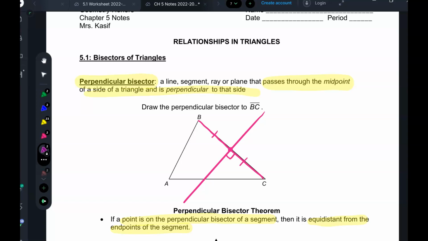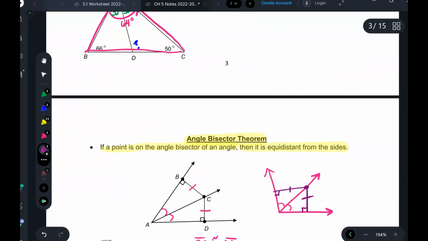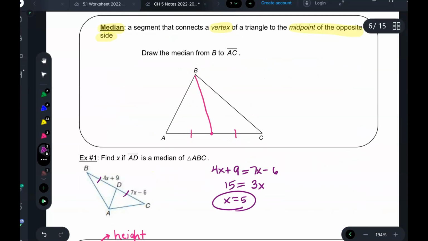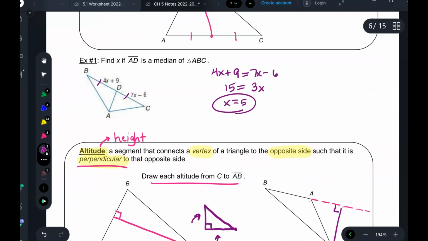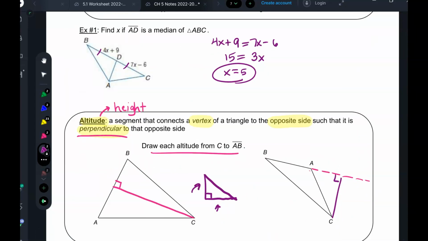So that's the only difference. That's the difference. Well, not just that, but this one also has to go through the midpoint. When we did the altitude, does the altitude cut the other side in half? Are these two sides congruent to each other? Not necessarily. They could be, but they're not always going to be.